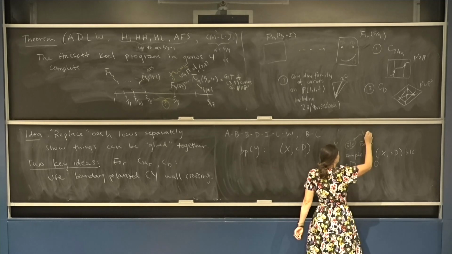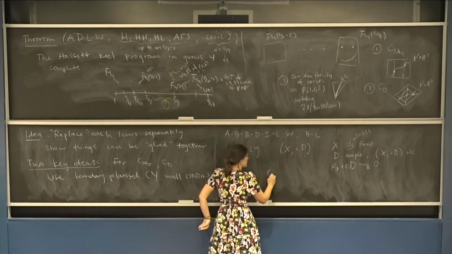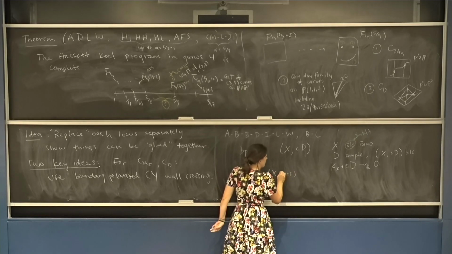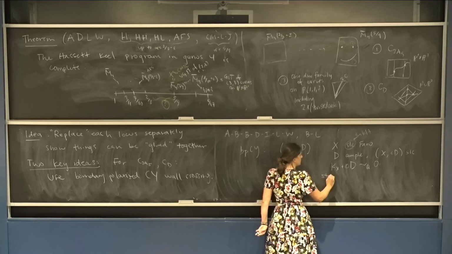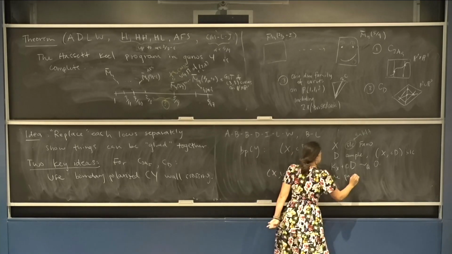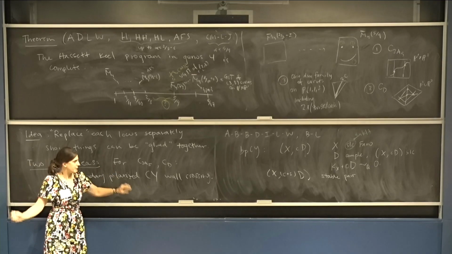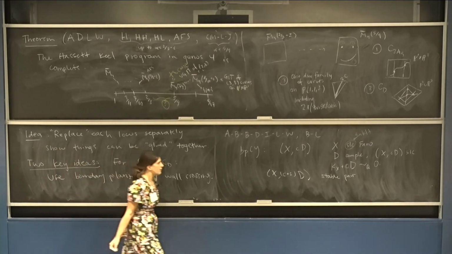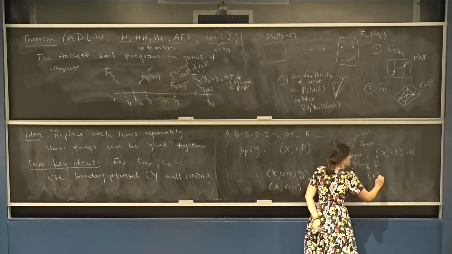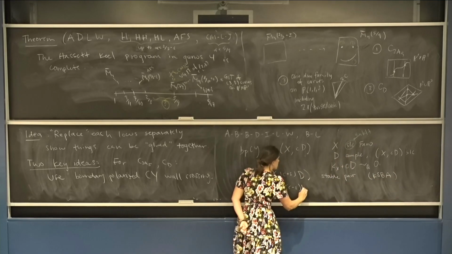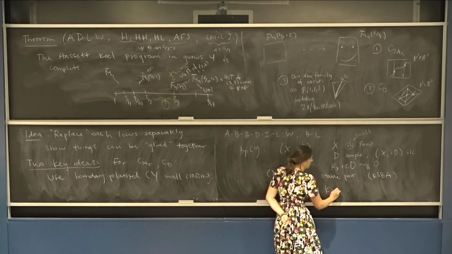So if this is KLT, then if you perturb C a little bit, C plus epsilon D, this becomes a stable pair in the theory developed by Kollár. So Kollár KSBA or KSB stability, this is a stable pair. And if you perturb, so this is maybe the theory of KSBA. If you perturb a little bit the other direction, you get a log Fano pair, which happens to be K semi-stable.